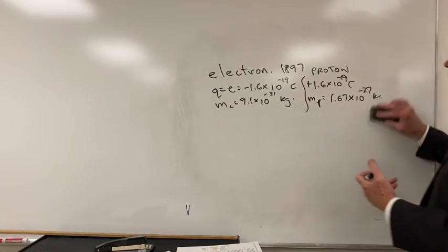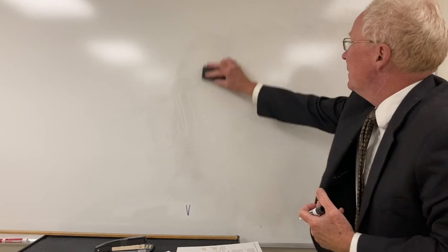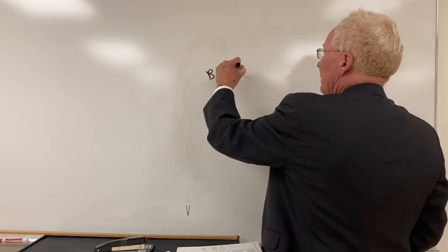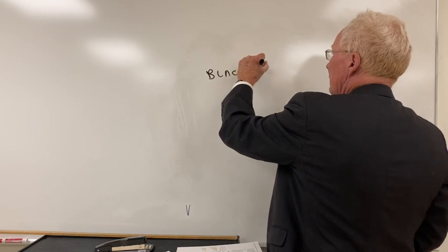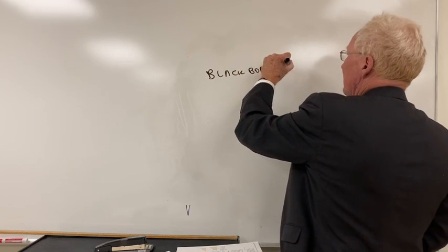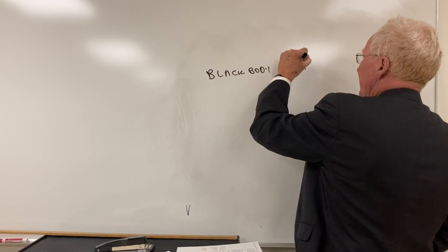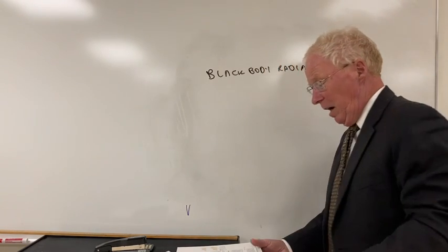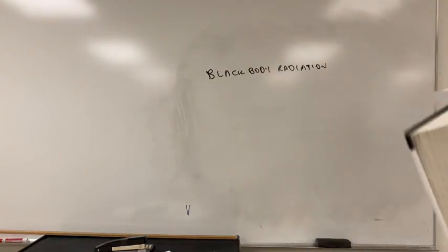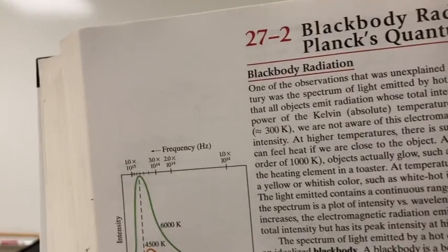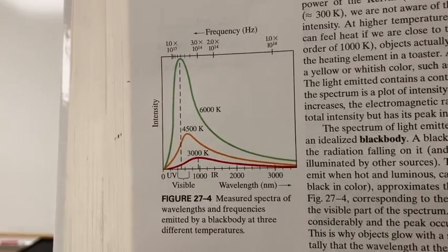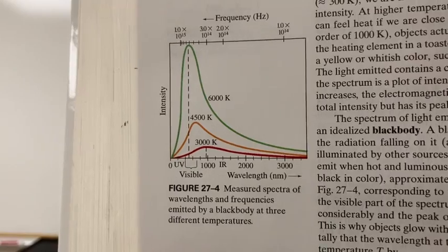So, next part is on black body radiation, meaning radiation that a hot object puts out, as we see here. The amount of radiation goes as the fourth power of the temperature.